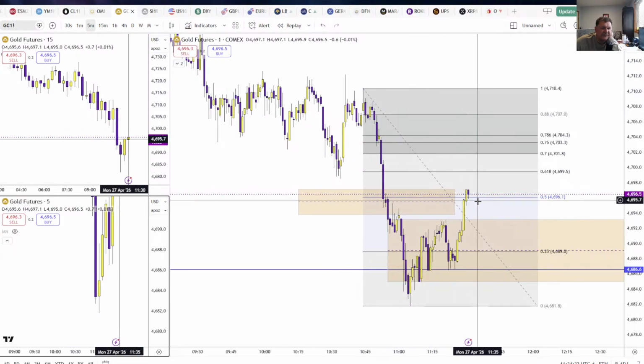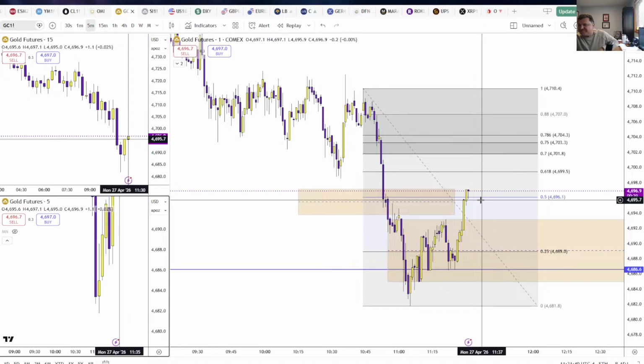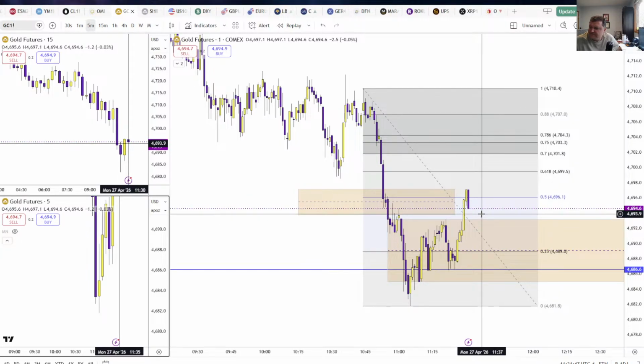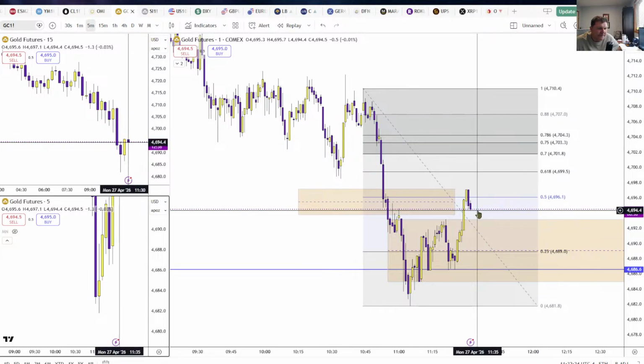Now that we've broken this little high, I want to see that just keep running now. There's the tag.